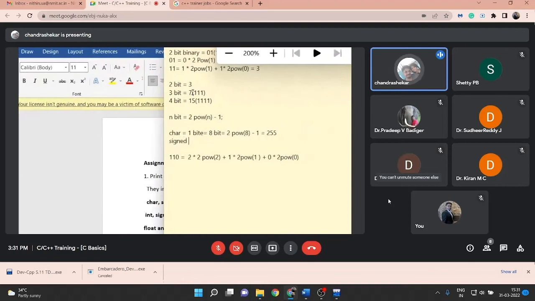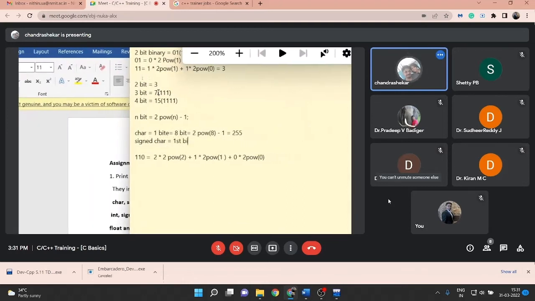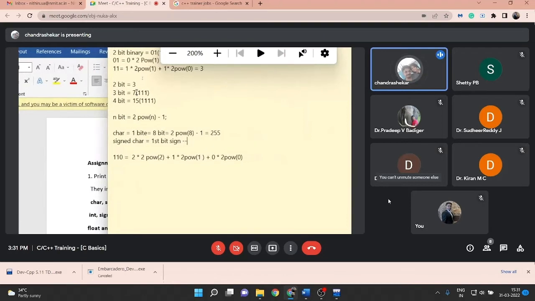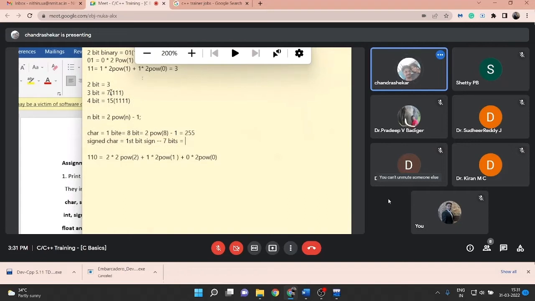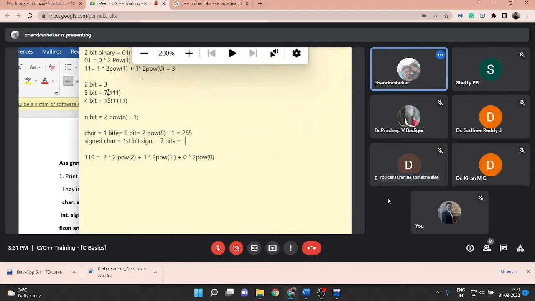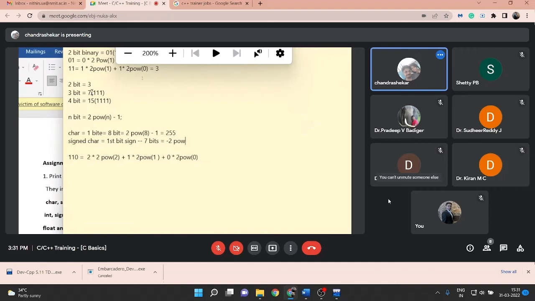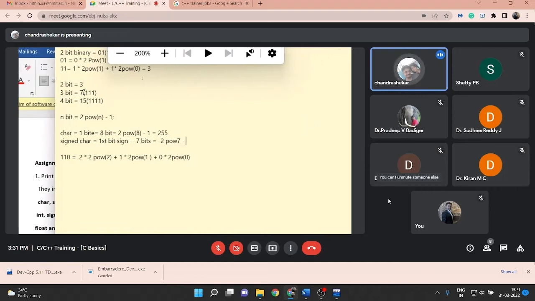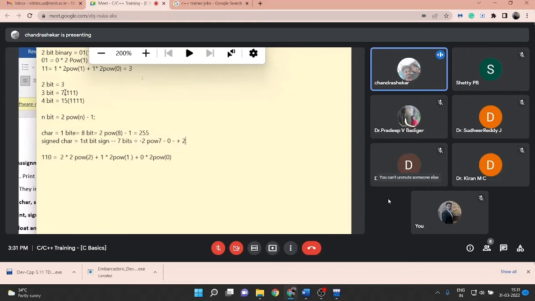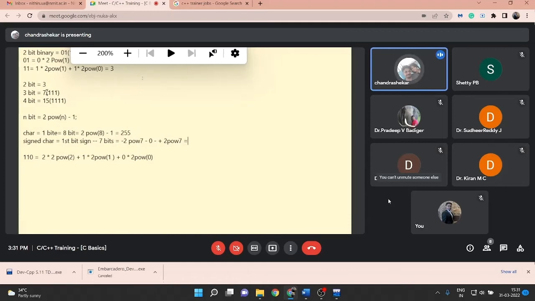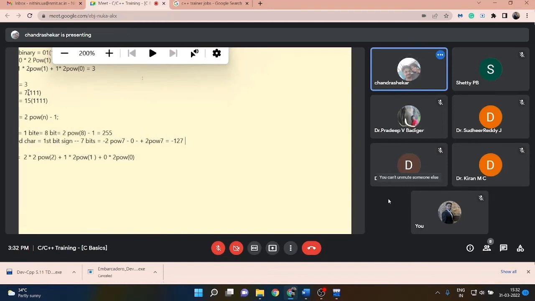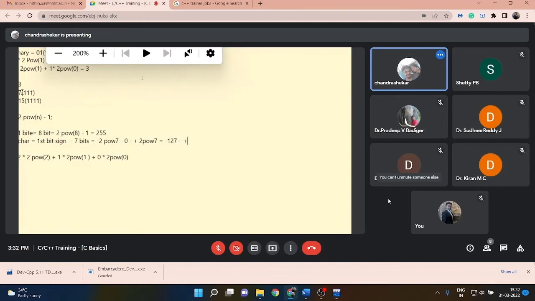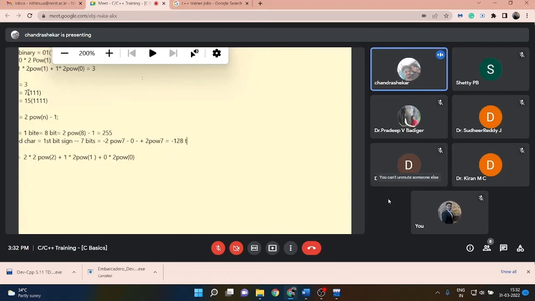In case of signed char, the first bit is used for sign, and the remaining 7 bits represent the numbers. So the range is minus 128 to plus 127.